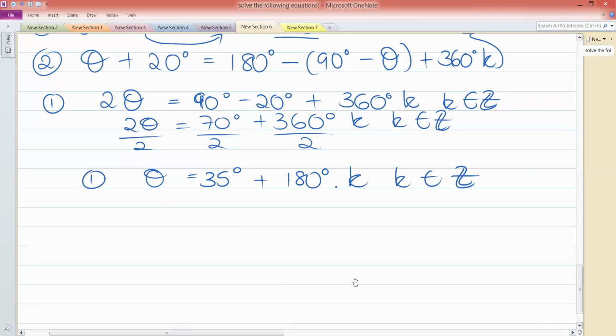Second one. You're going to have to distribute that negative into the bracket, this negative sign into there, and then group your like terms.